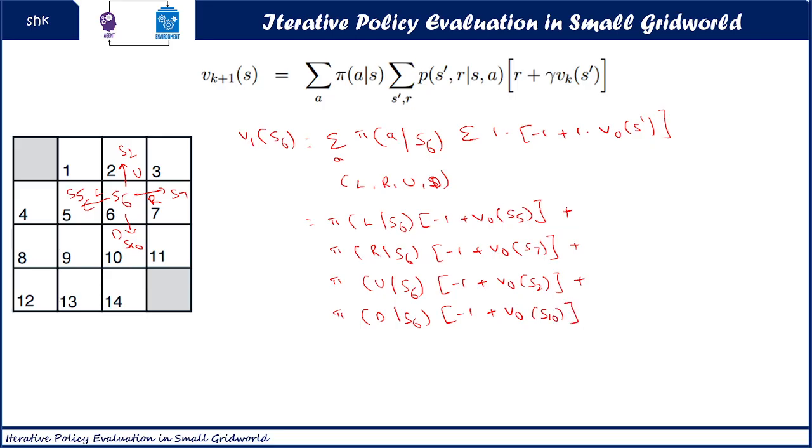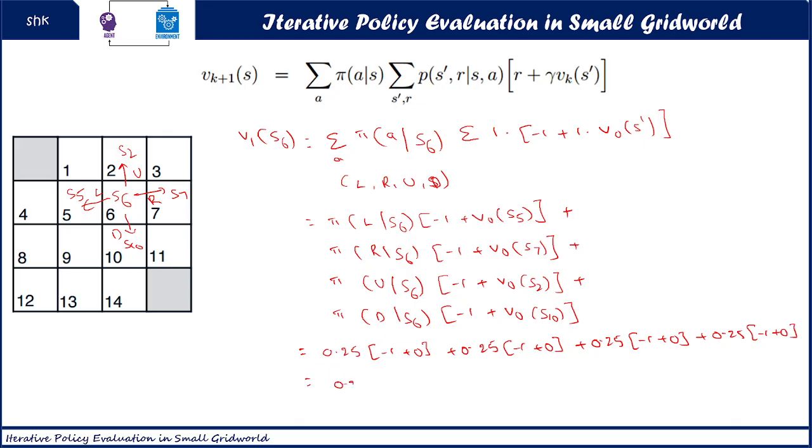As we know, the initial function, that is V naught of S for all the states, is equivalent to 0, and the probability of action, either left or right or upward or downward, is 0.25 into -1 plus 0, plus 0.25 into -1 plus 0, plus 0.25 into -1 plus 0, plus 0.25 into -1 plus 0.